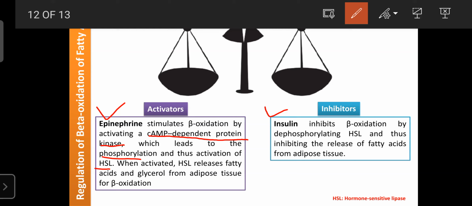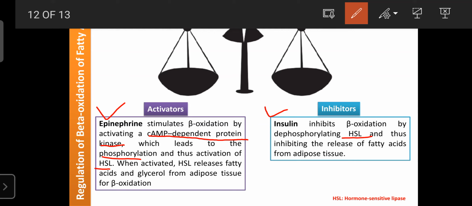And insulin mainly inhibits beta oxidation, or it can decrease beta oxidation. That's why insulin is known as an inhibitor of beta oxidation. Here insulin inhibits beta oxidation by causing dephosphorylation of HSL, the hormone sensitive lipase.